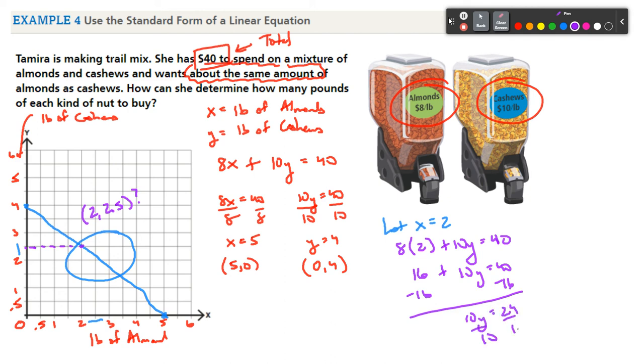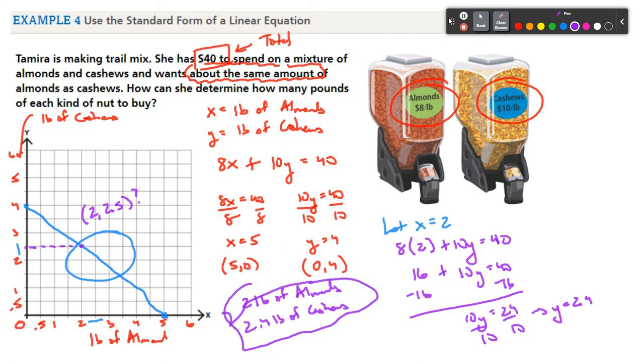Let's divide by 10, and that gives us a y of 2.4, which is really, really close to 2.5, right? So one example of having about the same amount is 2 pounds of almonds and 2.4 pounds of cashews. So that could be one answer.